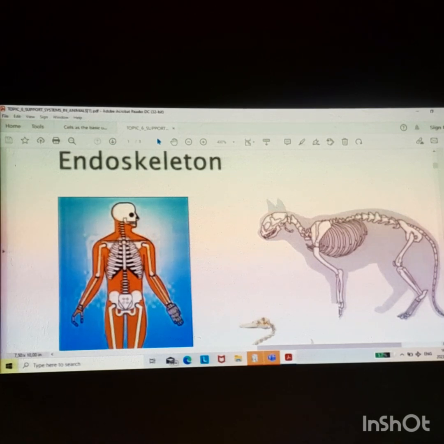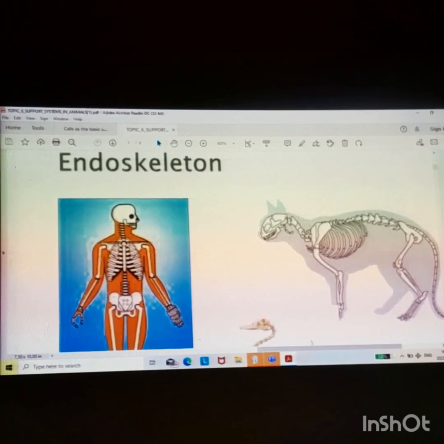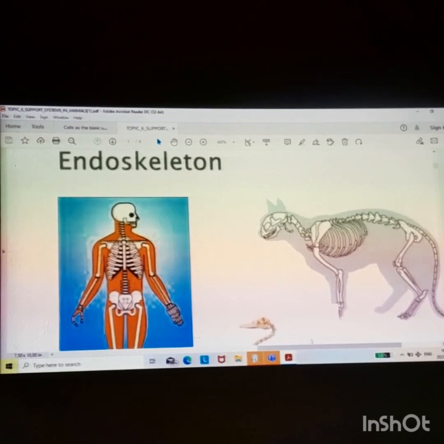Meaning that your survival will be weak, meaning that you won't be able to survive. You will die. Because we have a skeleton, our heart and our lungs are protected, so that they cannot just move in whatever way they want to. So that's the importance of an endoskeleton. I hope we are clear.